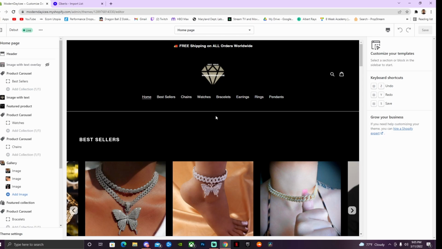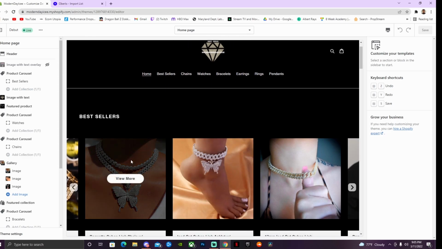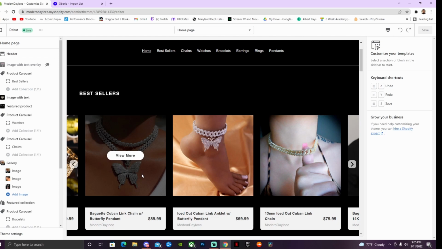So for instance, if I was selling this butterfly necklace right here, and another store was selling this butterfly necklace, whoever had the best ad and whoever had the highest conversion rate would be getting the best traffic towards their store when it comes to targeting different audiences.